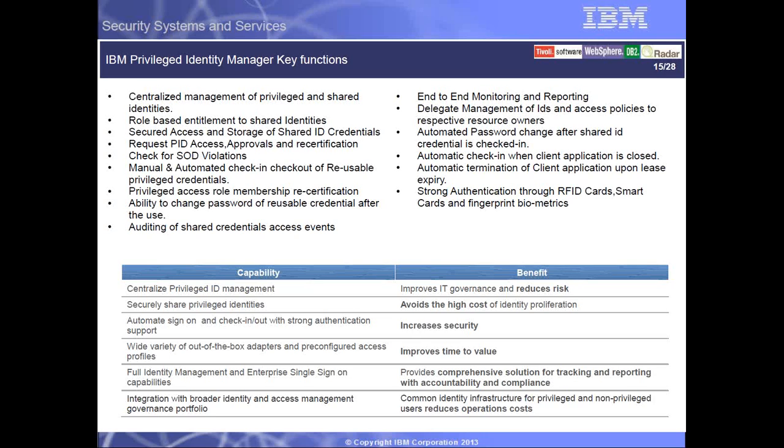Role-based entitlement to the shared identities, and secured access and storage of shared ID credentials, centralized and stored in one place. Request privileged ID access, approvals, and recertifications: you could make a request, seek approvals, recertify, and check for SOD, or separation of duties, violations before even assigning the roles. That's a cool thing.